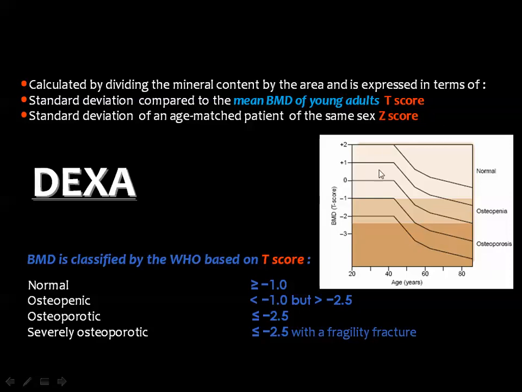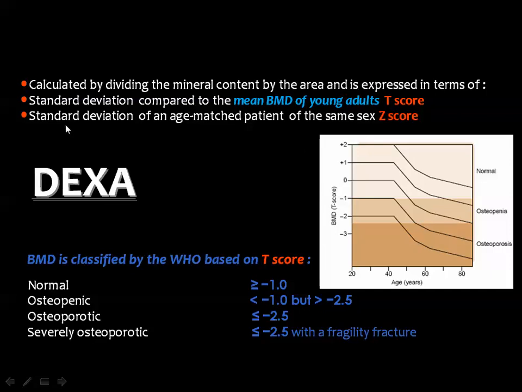By the T-score, this means that there is a standard deviation compared to the mean bone mineral density of a young adult. Then you measure the bone mineral density and you compare it to a normal young adult, then you got the T-score.